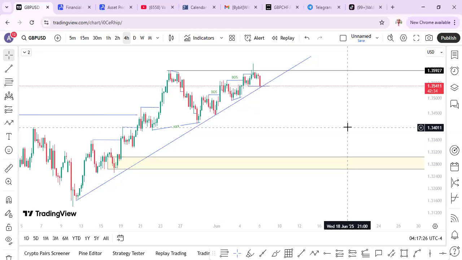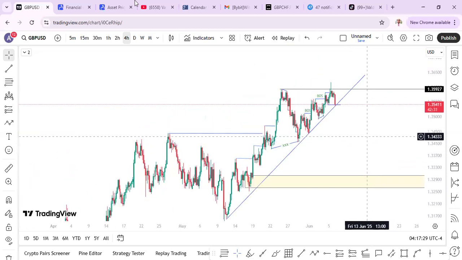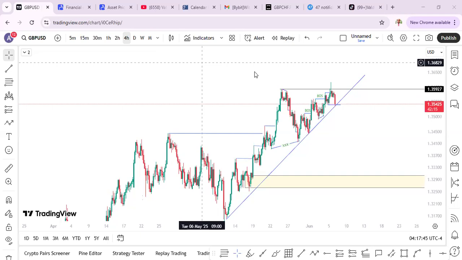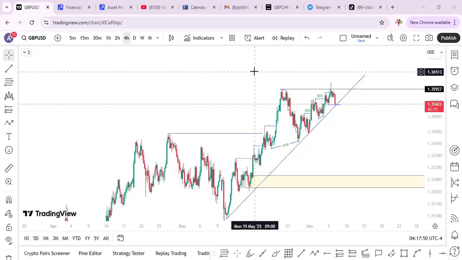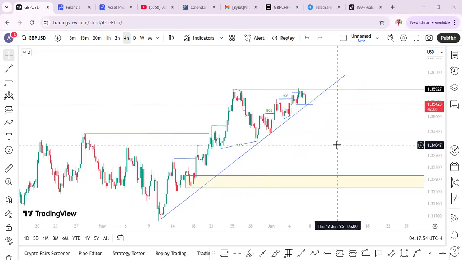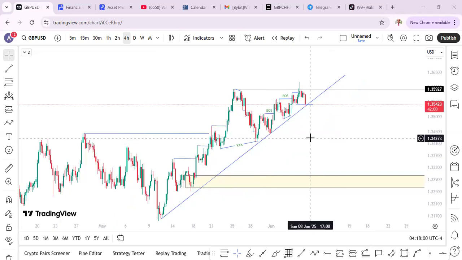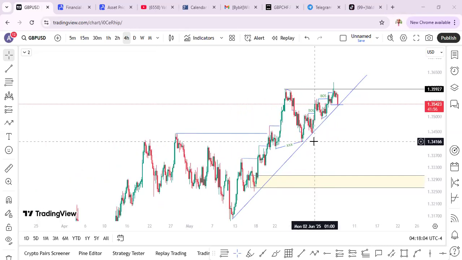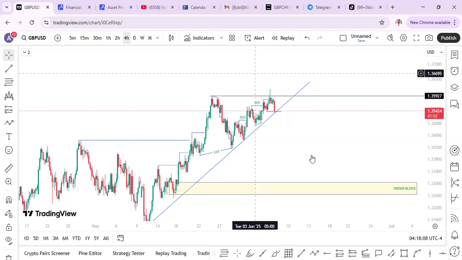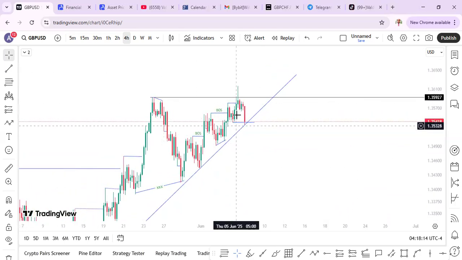So we are currently on GBPUSD. Yesterday we were looking at this liquidity zone for GBPUSD, and I mentioned it may likely be taken out, and the price was around here.